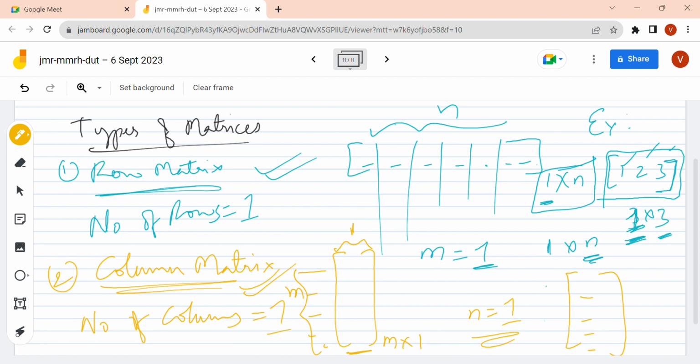They don't have different rows. In the same line they get parked. Let's say 5 cars are there, car 1, car 2, car 3, car 4, car 5. All these cars are in a column. You can analyze what a row matrix and a column matrix are from these examples. Please take a screenshot of it.